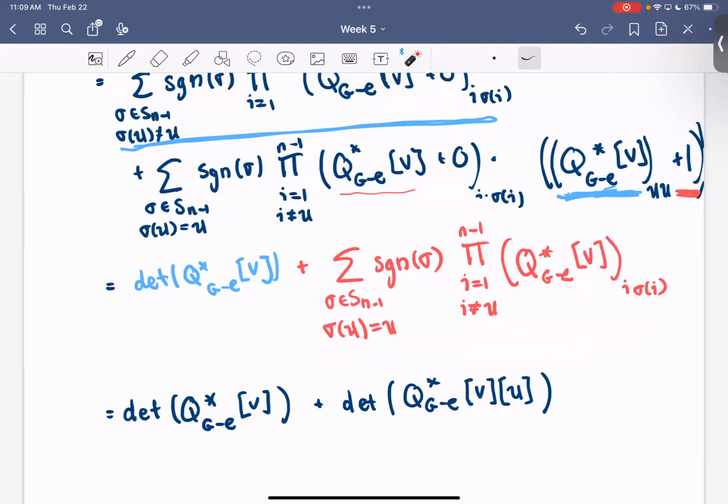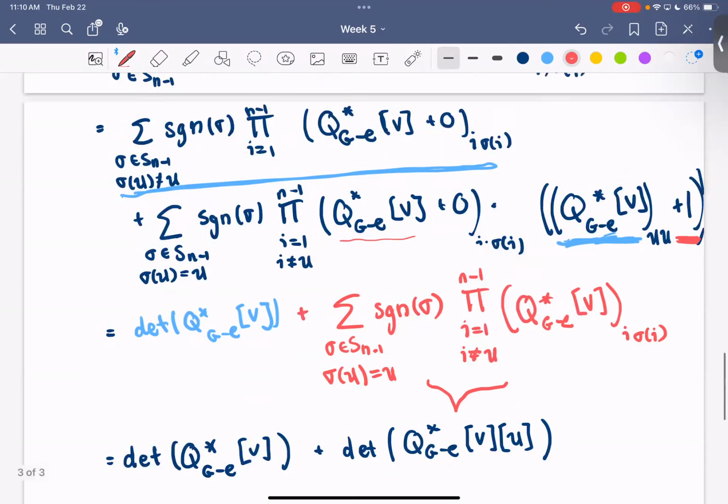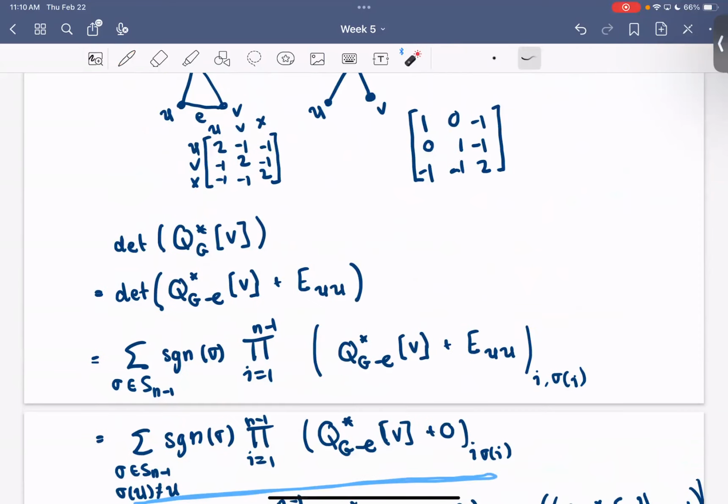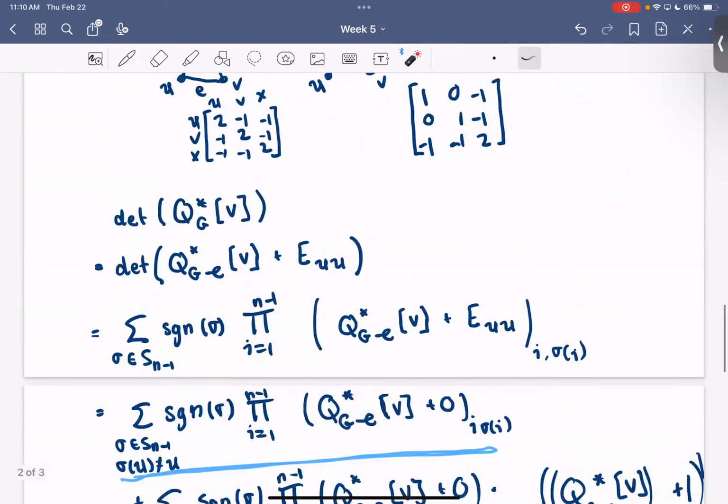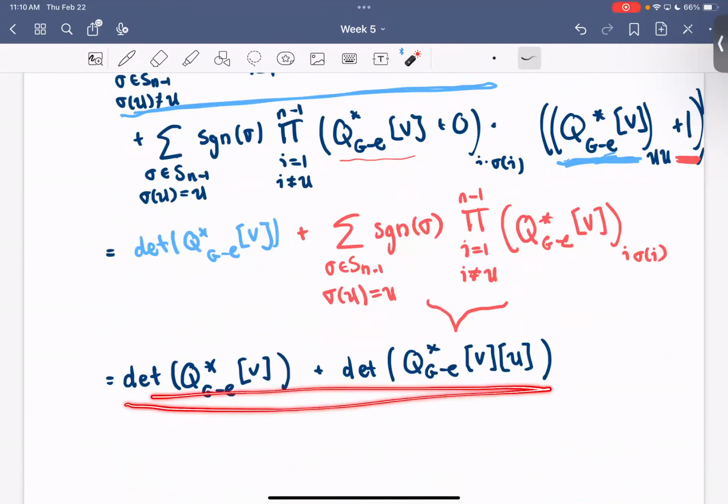So this is the determinant of this matrix where its U-th row and column has been deleted, which is this. Is that good? So that gives this term. Okay, so let's recap what we did. We took the determinant of the matrix that we wanted to, and we found that it broke up into these two terms. Okay, so that's where we're at.